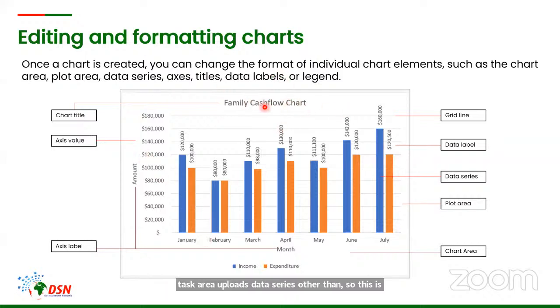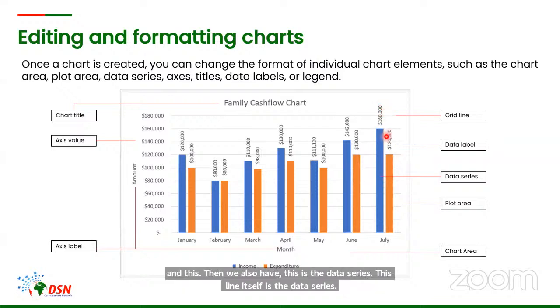This right here is called the chart title. These are the axis values, not the axis labels. This one is also an axis value. Then the axis label is the name of the axis, this and this. Then we also have the data label. This line itself is the data series.